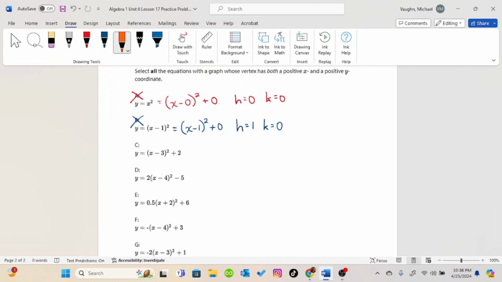Choice C. We have h equals 3 and k equals 2, so C is a correct answer.